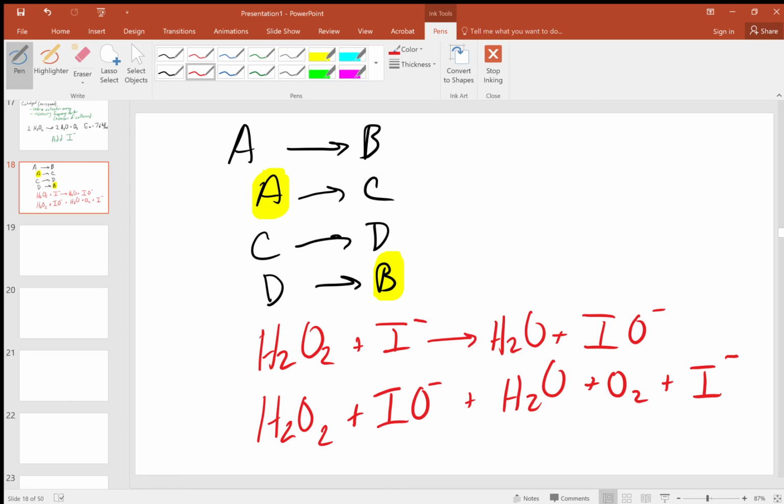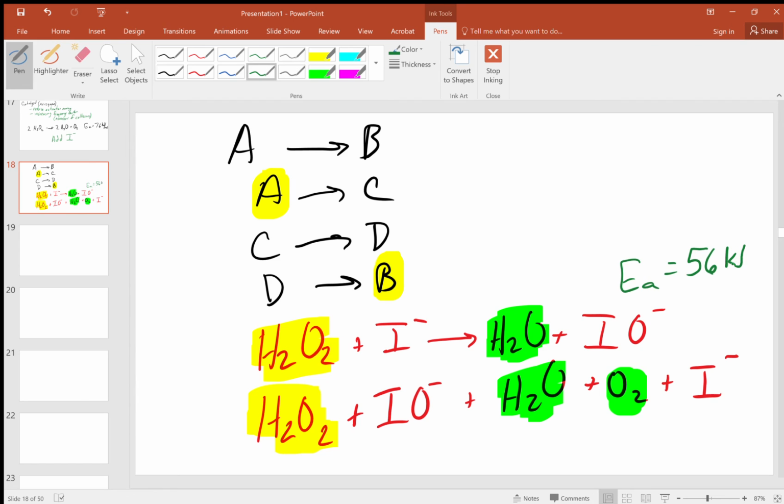So notice that net we get the same reaction. Two molecules of hydrogen peroxide, one here and one here, react. They form two molecules of water and one molecule of oxygen. Now the activation energy for this process is only 56 kilojoules per mole. So you can see we've decreased the activation energy by 20 kilojoules here.